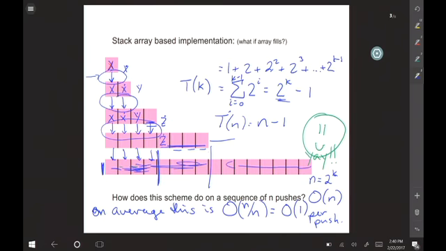I forgot to say something at the very start. It was on the slide, but I forgot to hammer it home. And that is, we have now calmed ourselves about the issue of an array filling for a stack. But we haven't talked about the array filling for a list, or later on, maybe even today, queues.